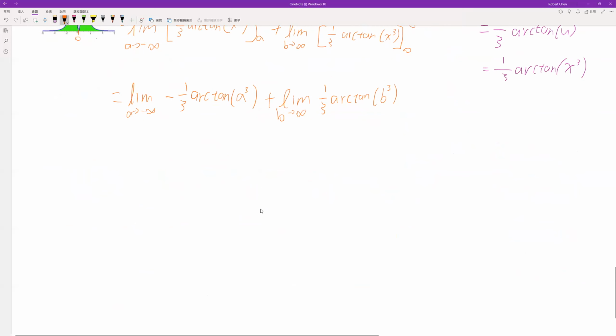All right, so evaluating the limit at negative infinity. Negative infinity to the 3rd power would still be negative infinity. So when is arctangent negative infinity? Remember the arctangent goes from negative pi over 2 to pi over 2.